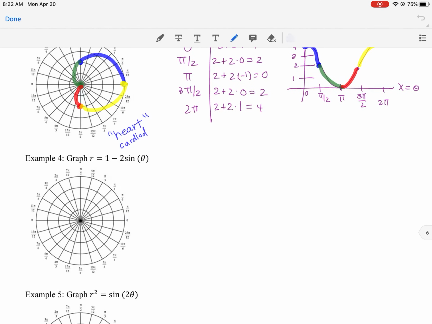Okay. 2 more here. The next one, let's do theta, and let's do r equals 1 minus 2 sine of theta. So we're okay just to count by our pi halves here.